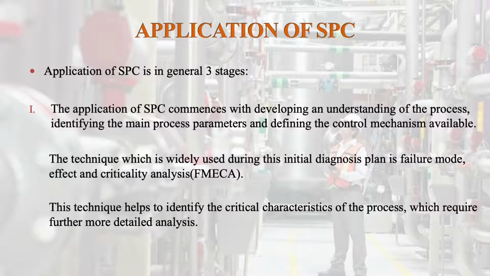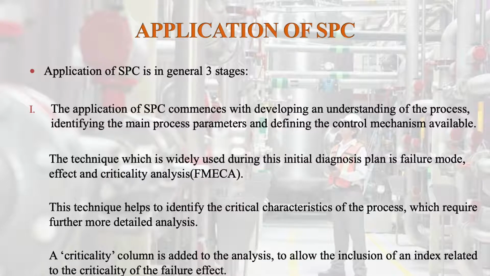This technique helps to identify critical characteristics of the process which require further, more detailed analysis. A criticality column is added to the analysis to allow the inclusion of an index related to the criticality of the failure effect.